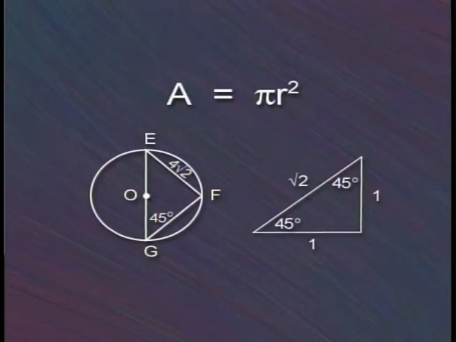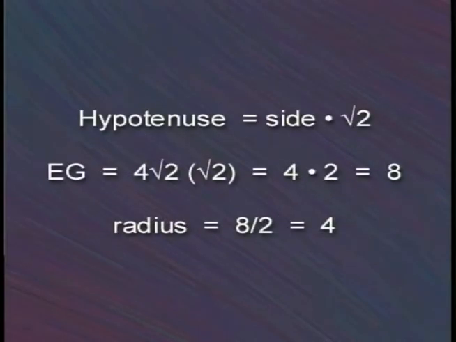Thus, if a side equals 4 times the square root of 2, the hypotenuse equals the square root of 2 times the side. In this problem, the hypotenuse, EG, equals 4 times square root of 2 times the square root of 2, or 4 times 2, or 8.